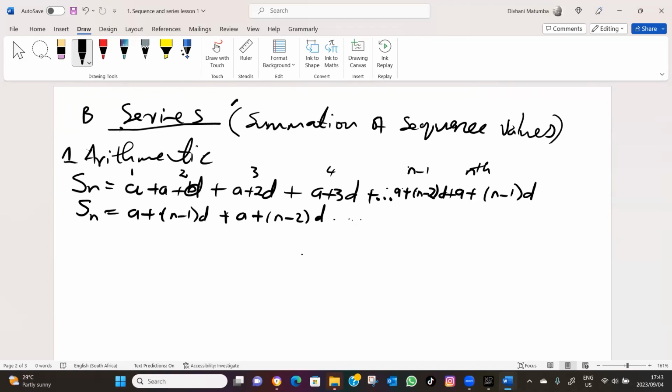Here we're gonna have a plus 3d plus a plus 2d plus a plus d plus a.